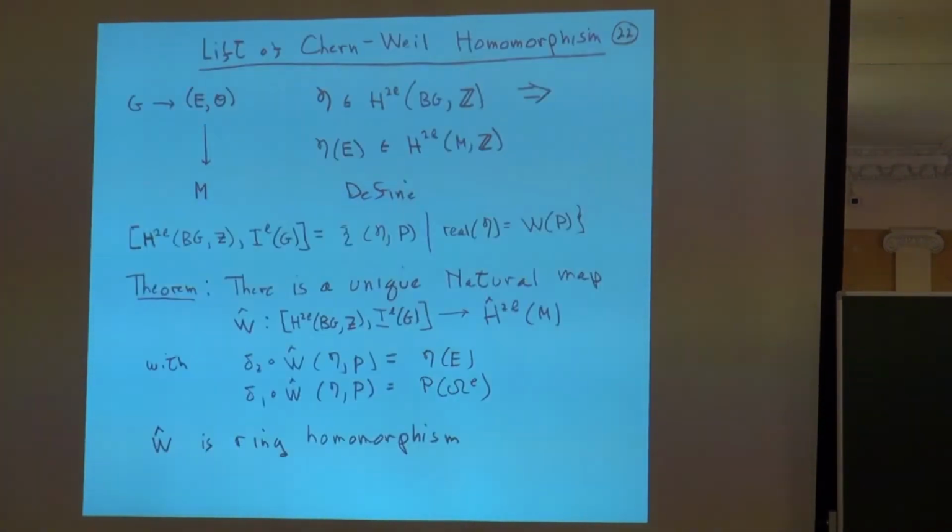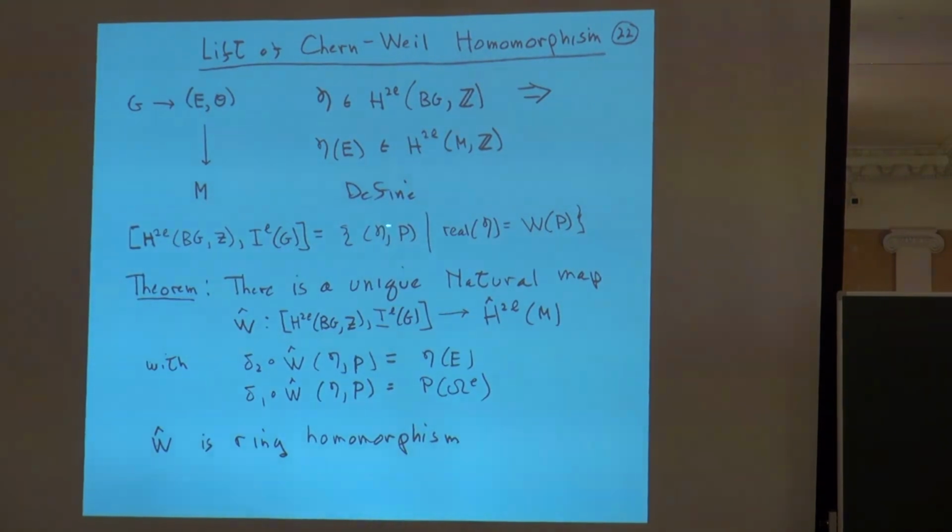Let's see what's next. Now, here's the thing, and we'll go back to the Chern-Weil homomorphism. It turns out it lifts to a map into H hat. Now that's not a trivial statement. So we'll look at pairs of an integral class in the classifying space and an invariant polynomial such that the real image of this integral class is the Weil image of that invariant polynomial.